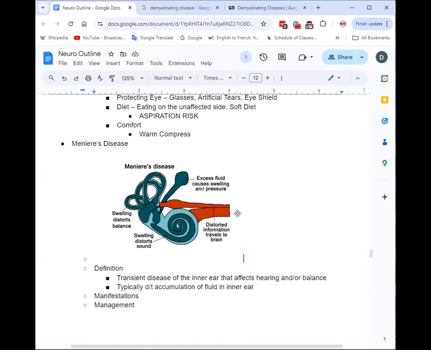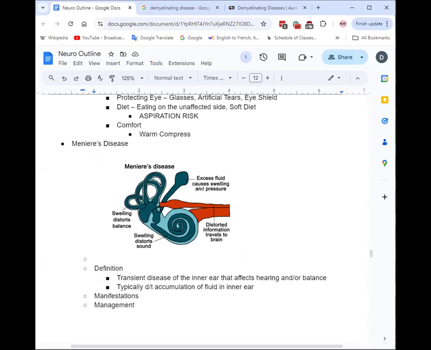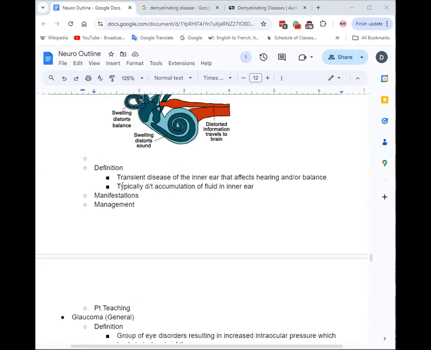It's a picture showing you what's happening, but you don't have to know it that deeply. Just understand there's accumulation of fluid in the ear and try to marry the idea that things to do with the ear affect balance a lot of the time.